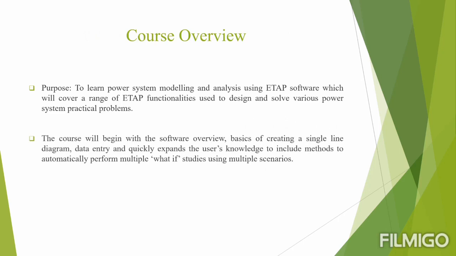The course will begin with the software overview, proceeding to basics of creating a single line diagram, data entry such as parameters of transformers, bus bar ratings, transmission line ratings, and quickly expands the user's knowledge to include methods to automatically perform multiple what-if studies using multiple scenarios. Multiple what-if studies will be explained in a subsequent slide. After performing the analysis, it is mandatory to know how to interpret the results generated by the software, so you will be learning that in this course.